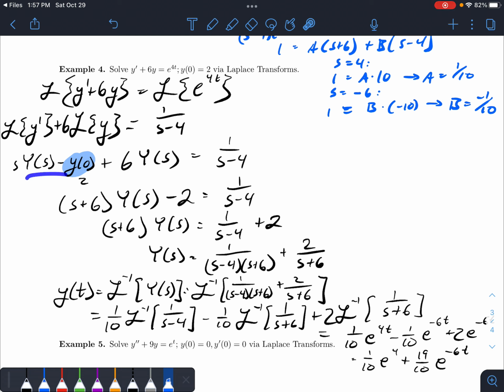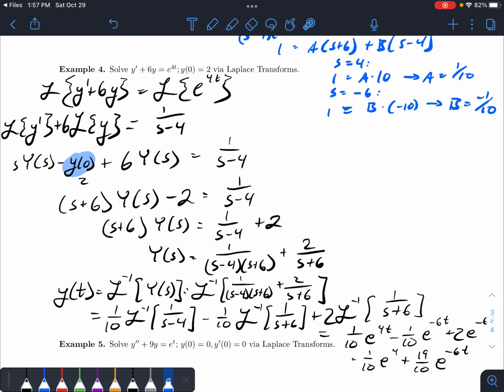And then you'll do the same sort of steps that happened up here, where you solve for capital Y of s. So you get Y of s is equal to something. And then whatever this right-hand side is, just try to split it up using partial fractions or whatever. And then just take the inverse Laplace transform of both sides.